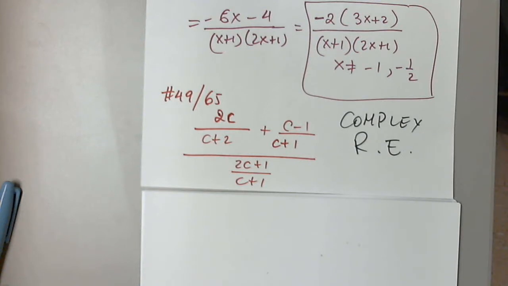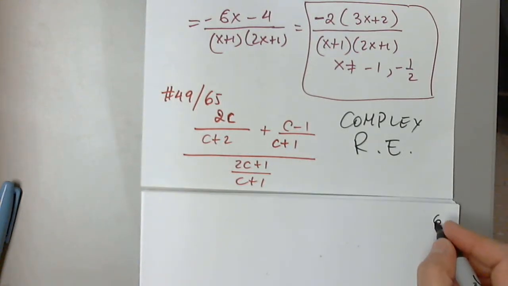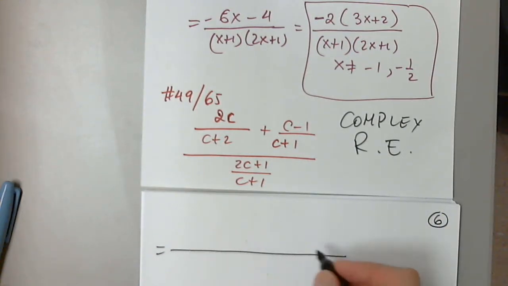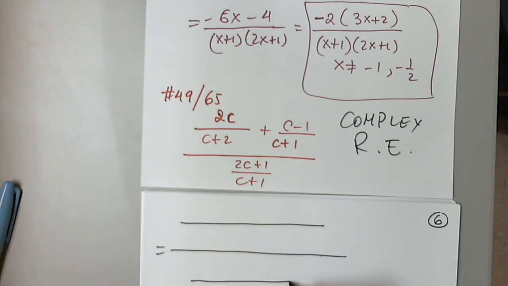Let's find the least common denominator for the top, and the denominator is just 2c plus 1 over c plus 1, and you will give me 2 restrictions for now. Because I see 3 denominators, 1, 2, 3, but 2 are the same.